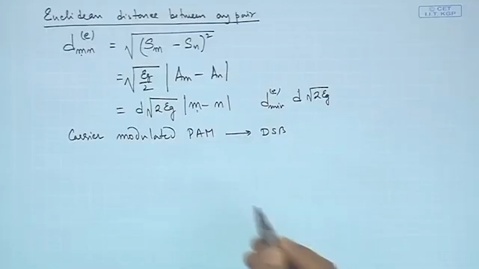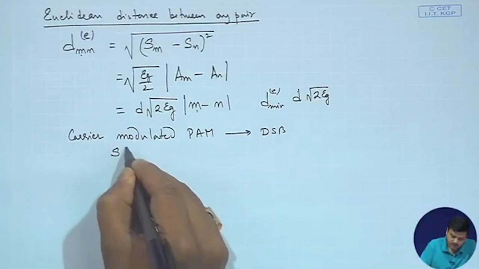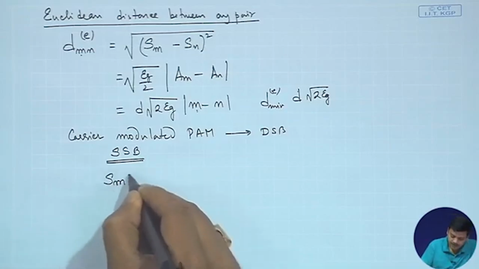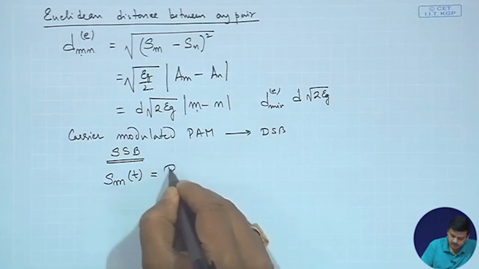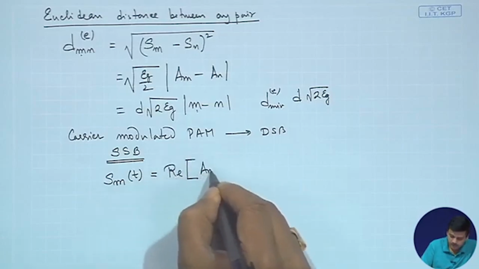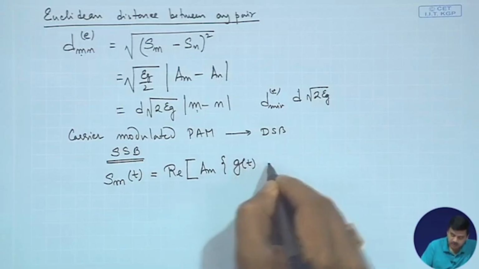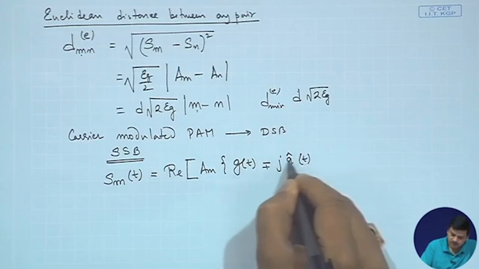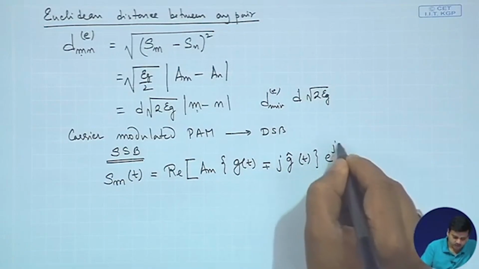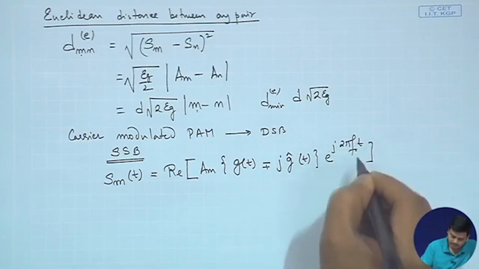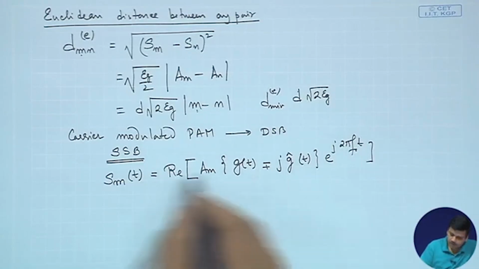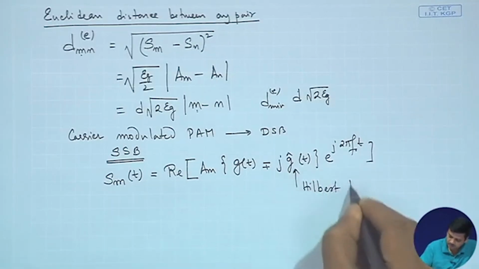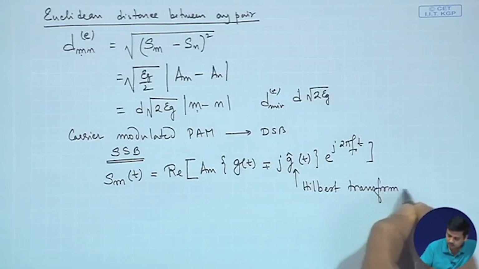And what we could do is, instead of sending double sideband, you could send a single sideband, because it is spectrally more efficient, and in that case the Sm of t could be written as the real part of Am [g(t) plus or minus j g hat(t)] e to the power of j 2 pi fc t, where g hat would be the Hilbert transform of g(t).